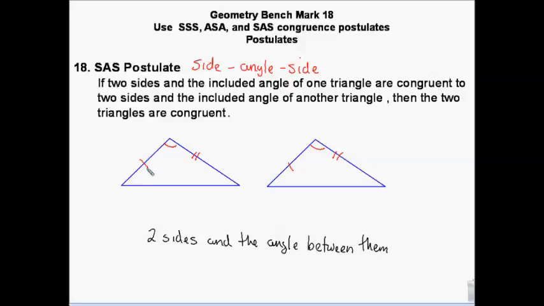And the reason this one works is because if I have two sides that are the same length and an angle that's opening up, if the angle is the same between the two triangles, that third side can only be one length. Does that make sense? So that forces all three sides to be the same length, which forces all the angles to be the same, which forces the triangles to match.